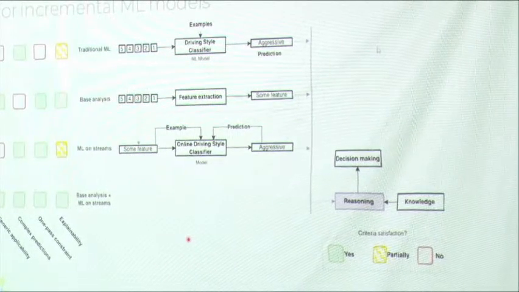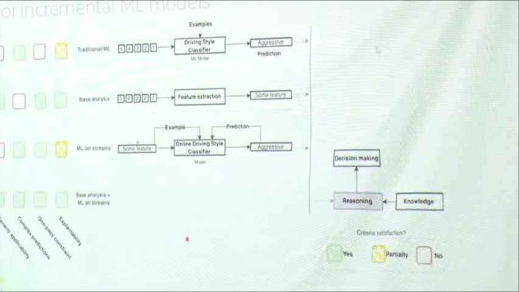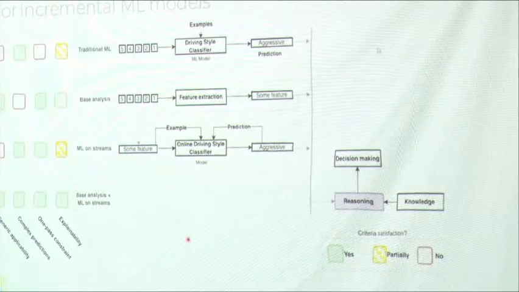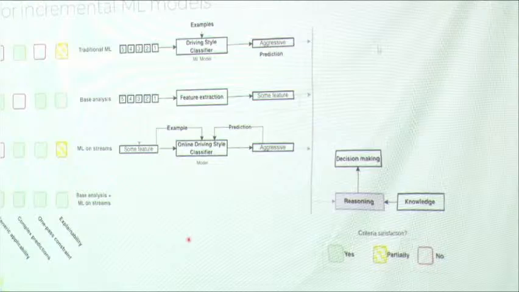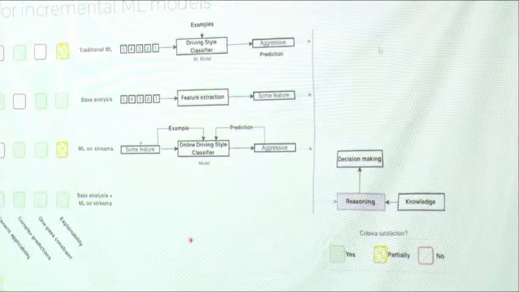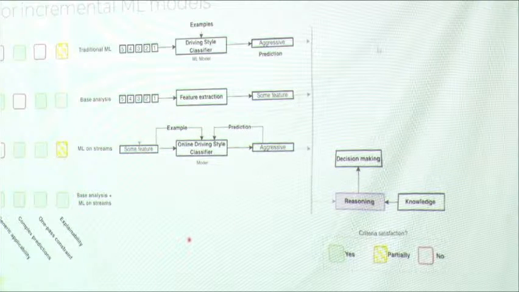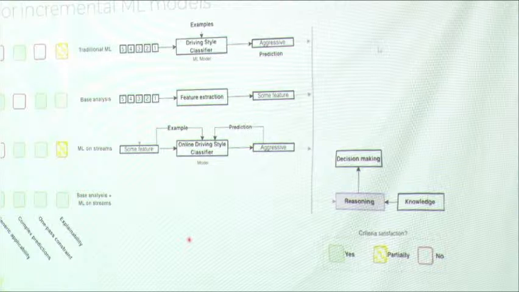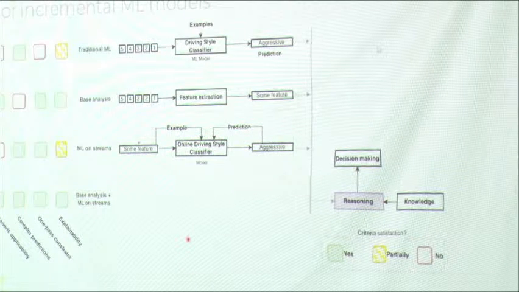So in this example, the driving style classification, if you have questions, okay, why was this aggressive, you may have an insight that this was aggressive because the speed was increasing, because the location was near an area that is residential. These kinds of things are possible if you express these at the data level.